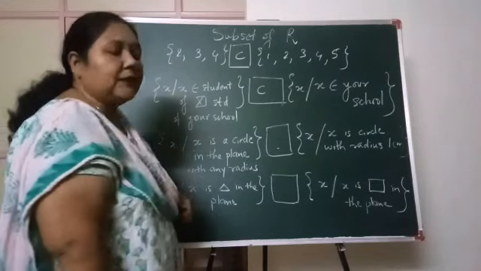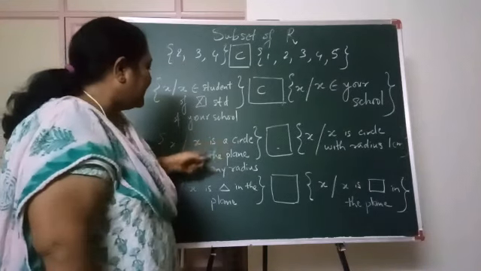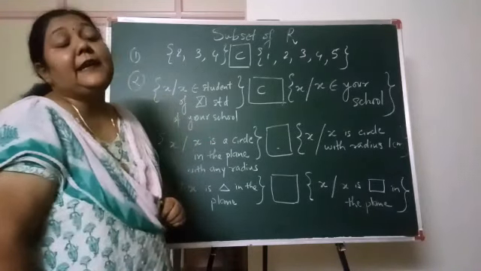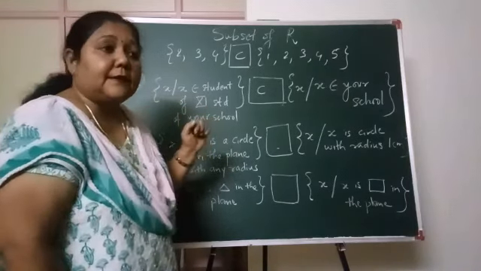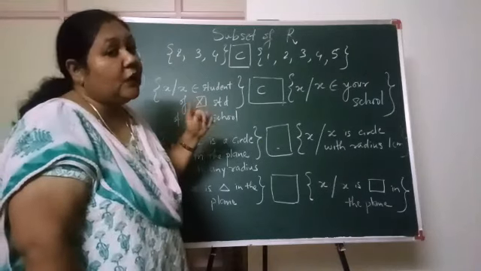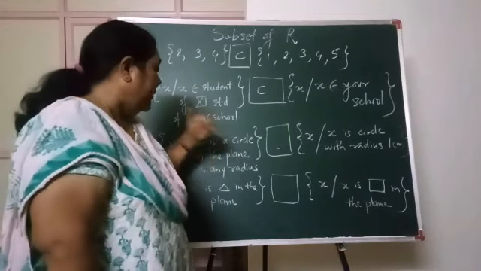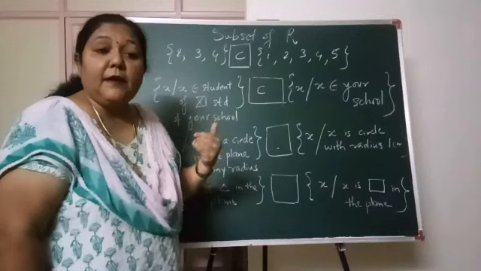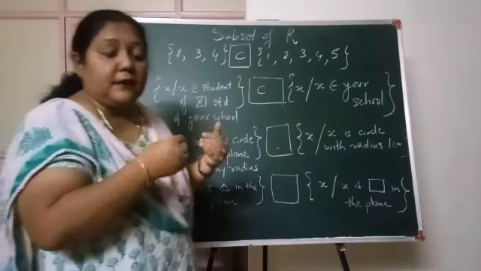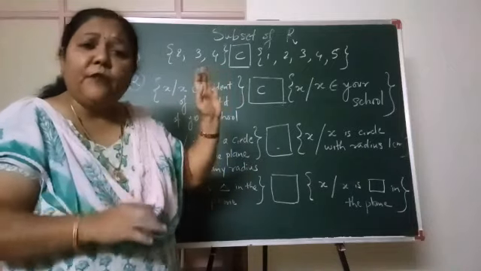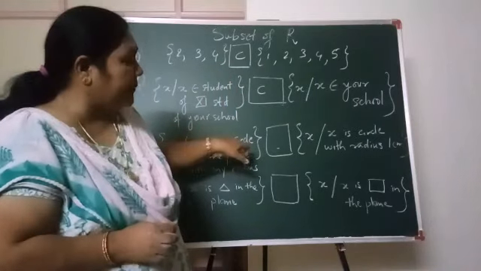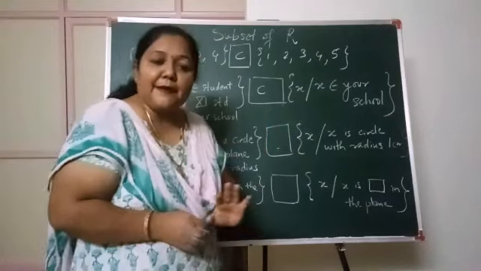Then you come to the third one. X is a circle in the plane with any radius. अच्छा, तो हम सर्कल की बात कर सकते हैं. तो पहले सेट में क्या है? कोई भी सर्कल, उसका रेडियस क्या है? कुछ भी हो सकता है. Anything it can be 1, 2, 3, 4, 5 up to infinite. Any radius it can be. And second set में क्या है?